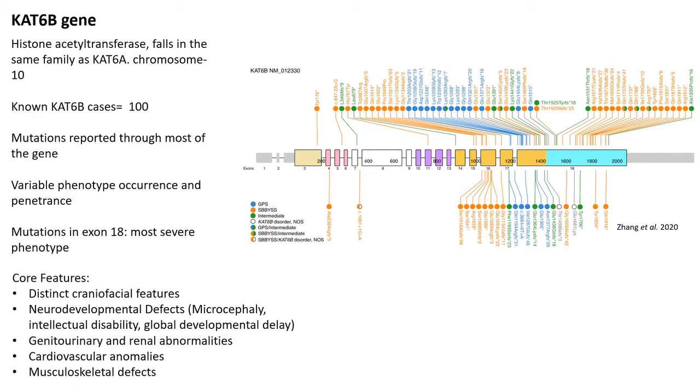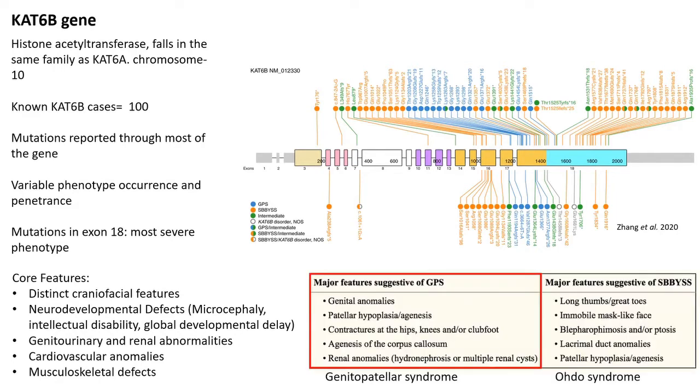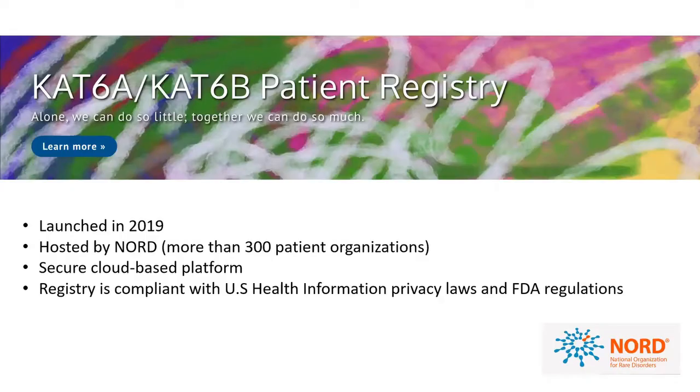Some of the core features of KAT6B gene mutations include distinct craniofacial features, neurodevelopmental defects, genitourinary and renal abnormalities, cardiovascular anomalies, and musculoskeletal defects. As was covered before, KAT6B patients can be differentiated into two different syndromes, the GPS syndrome and Ohdo syndrome, as described a couple of talks ago.